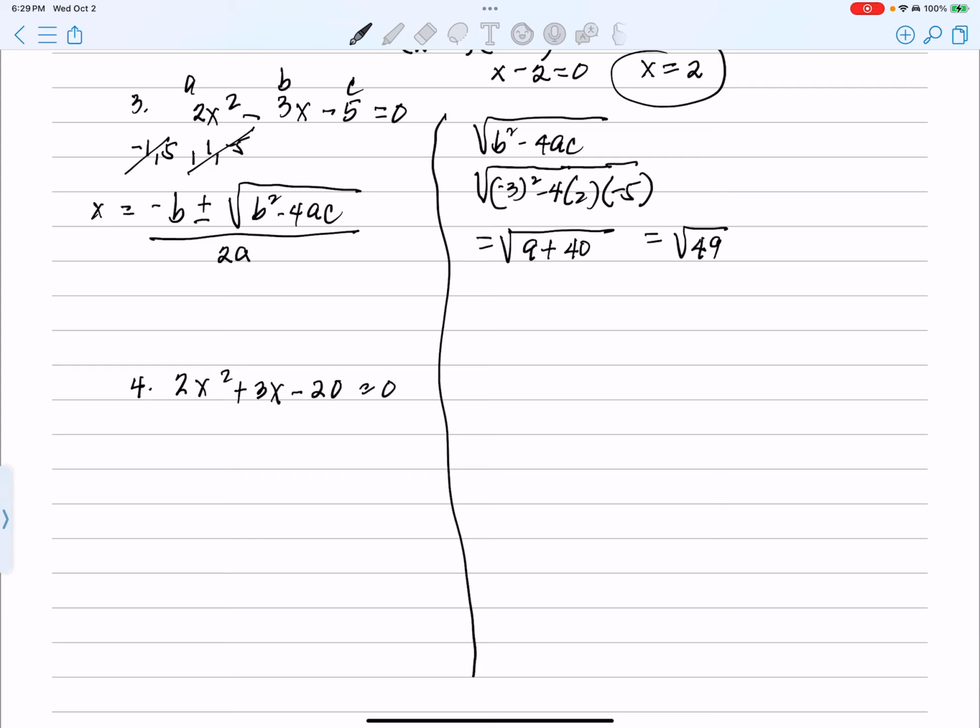Take note, your denominator is 2 times a. Let's use the quadratic formula. So our a is 2, b is negative 3, c is negative 5.